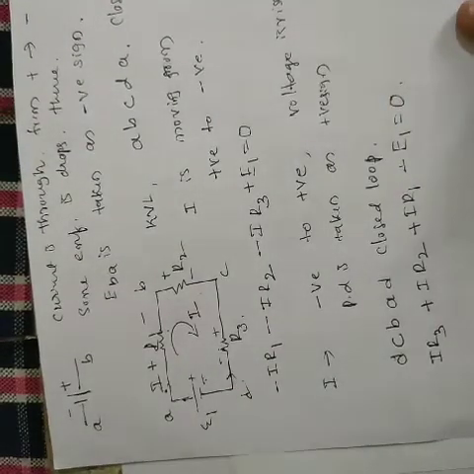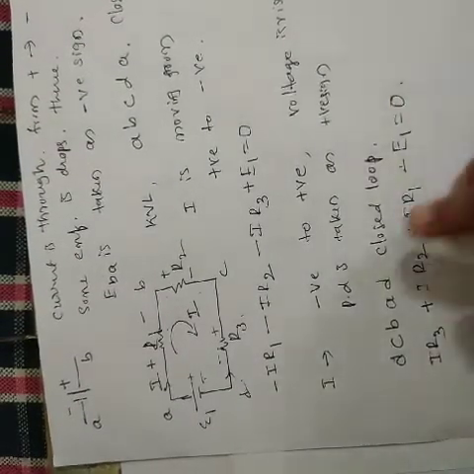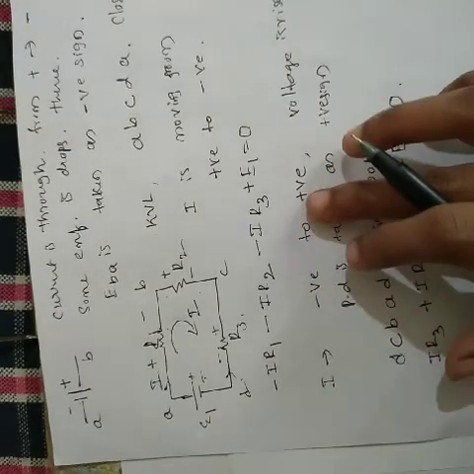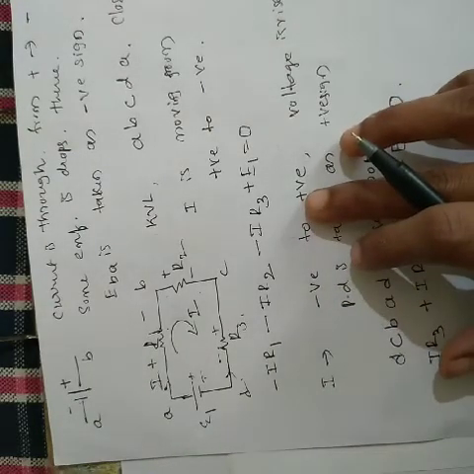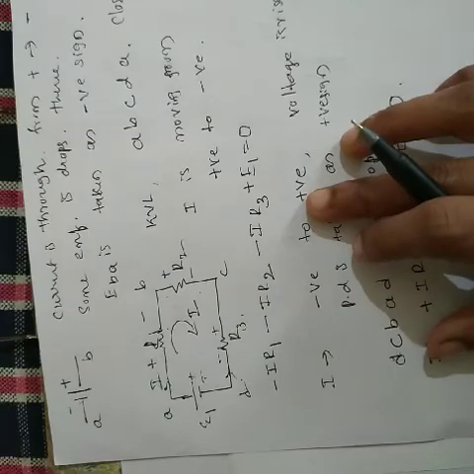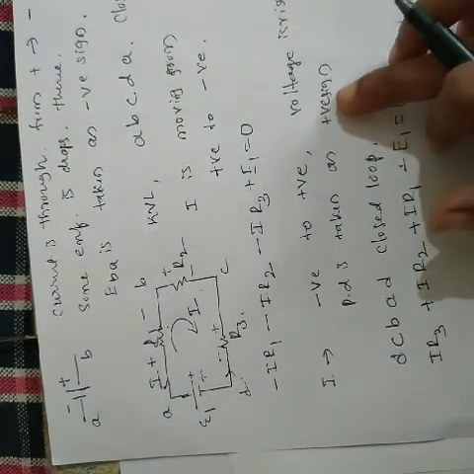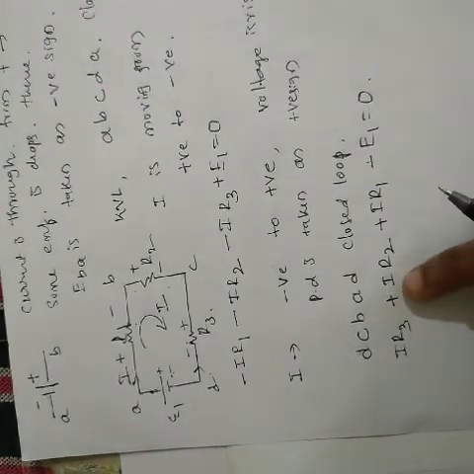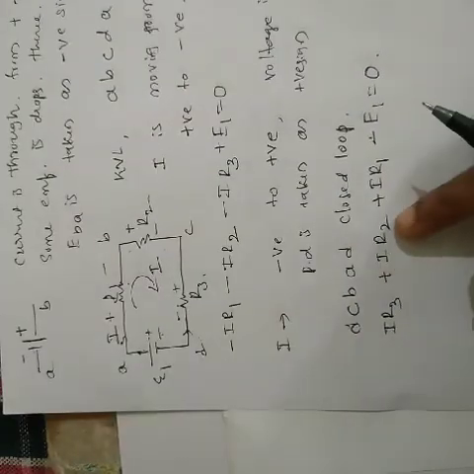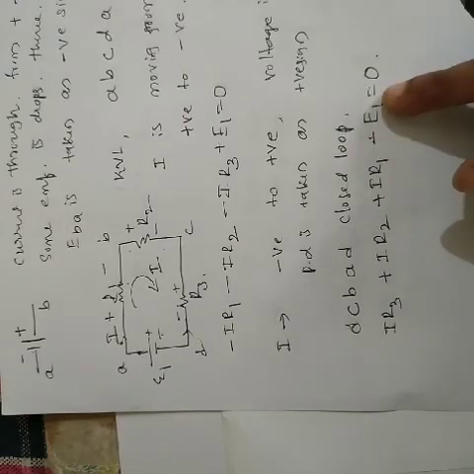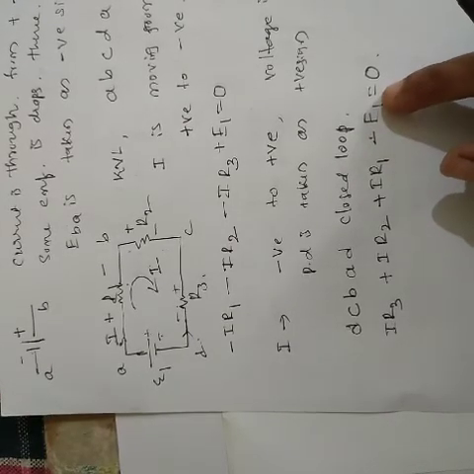This is your second KVL equation. Current is moving from negative terminal to positive terminal, so the potential difference rises here and you can take it as positive sign. That is the KVL equation I into R3 plus I into R2 plus I into R1 minus E1 equal to 0. Okay, thank you.